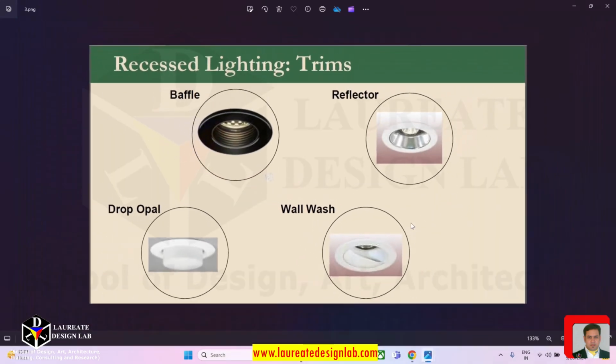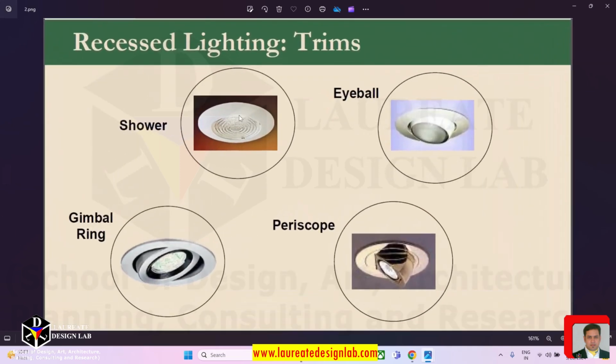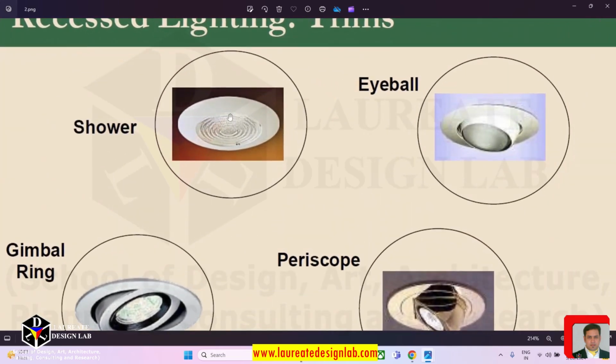So these were different types of recessed lights. Baffle, which goes inside, having a ring coming out. Reflector, having a reflective surface and one-sided focus. Likewise, Shail is having a diamond-like, crystal-like diffuser.